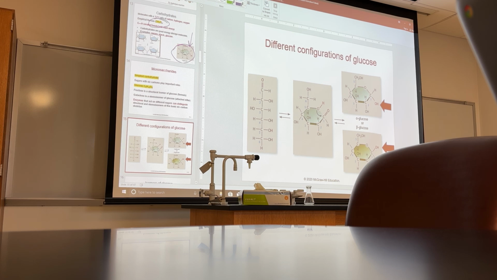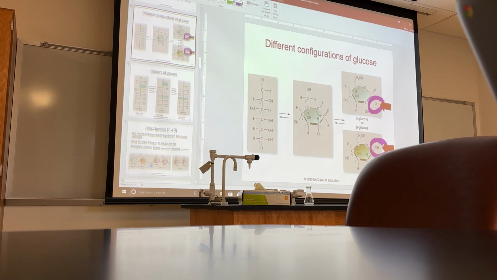I'll talk about this right here. Alpha versus beta when we get to starch versus cellulose. Okay? All right.